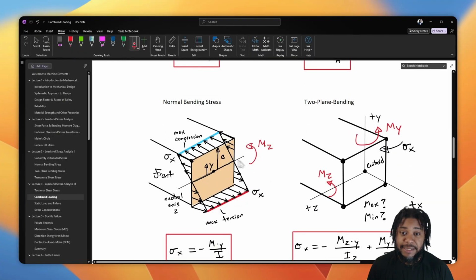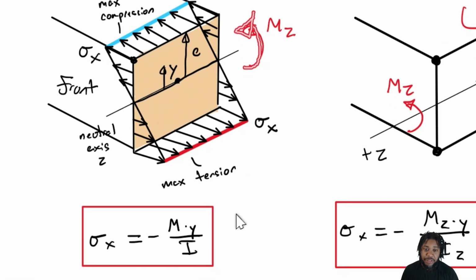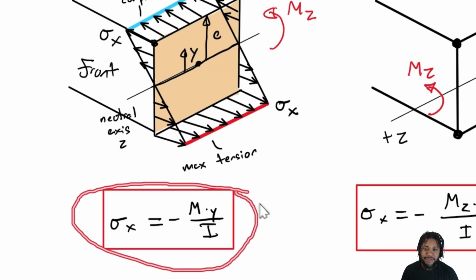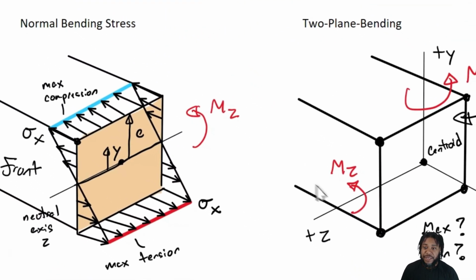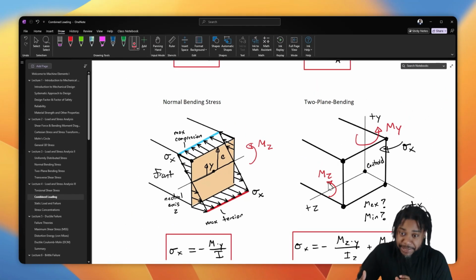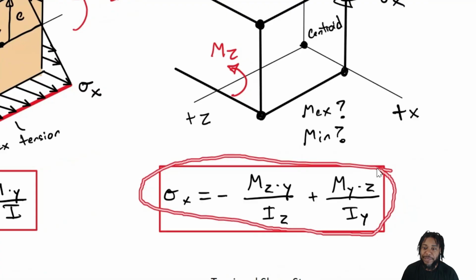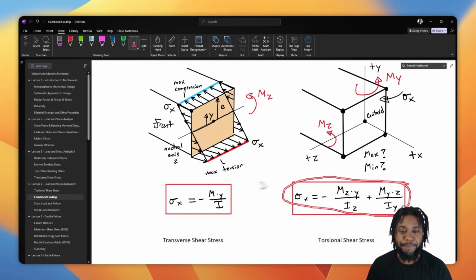When a body is subject to a bending moment about one plane, we'll have normal bending stress develop. If we have two moments that cause our body to bend in two directions, two-plane bending, then we'll have to solve for two-plane bending normal stress.